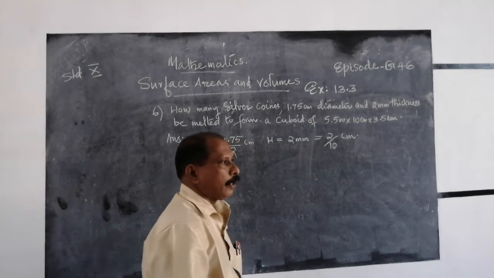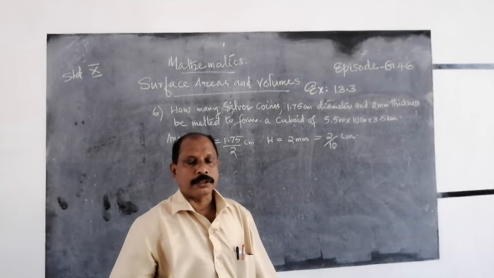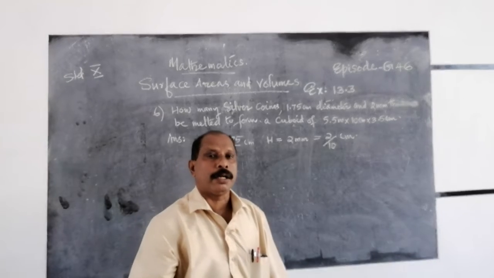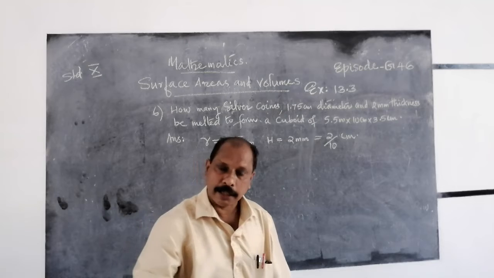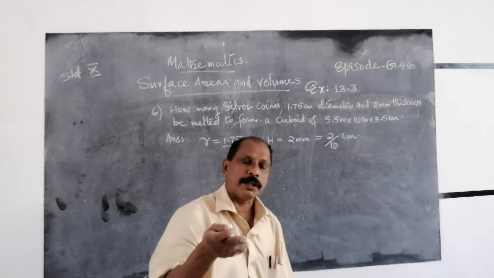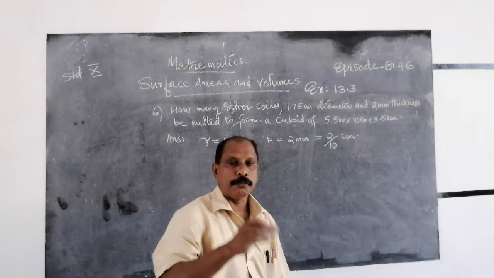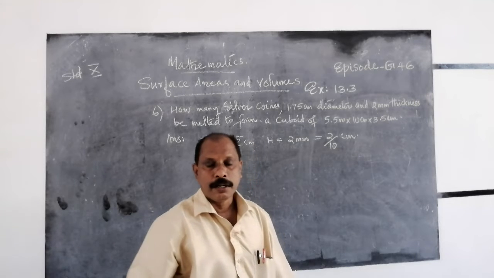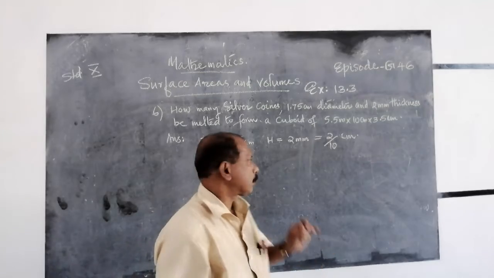Convert millimeter into centimeter: divide by 10. Convert centimeter into millimeter: multiply by 10. Convert centimeter into meter: divide by 100. Convert meter into centimeter: multiply by 100. This is the process.